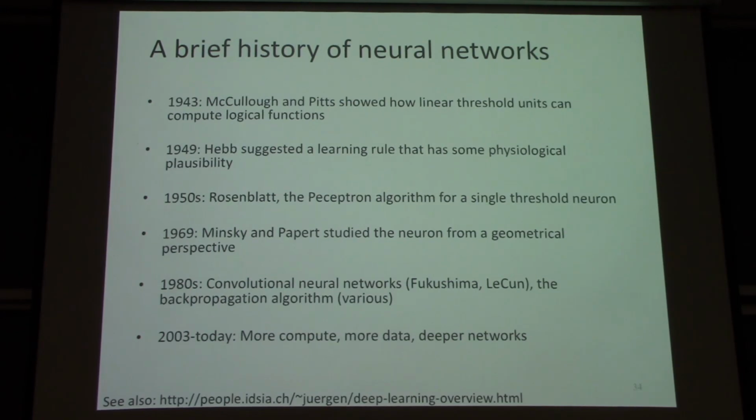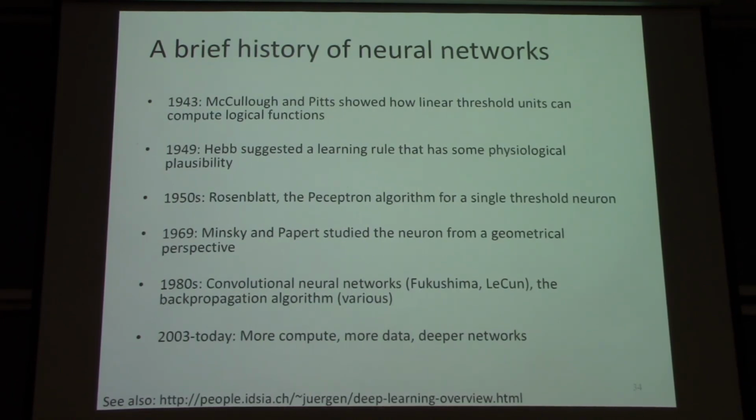And the last thing that I'm going to say is neural networks are really, really old. They have been around for as long as machine learning has been around, even before the field was named, in fact. In 1943, a seminal paper from McCulloch and Pitts showed that linear threshold units can classify certain Boolean functions.